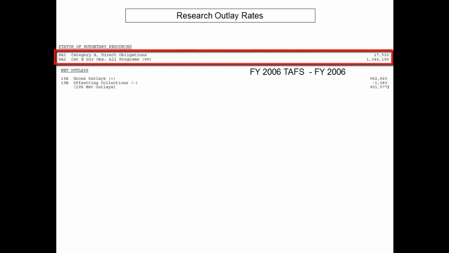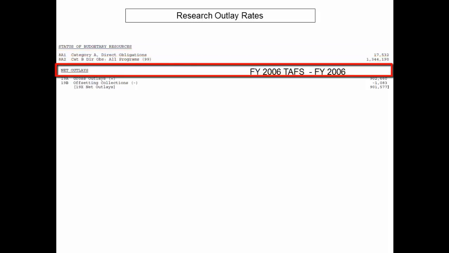Let's start our research back in fiscal year 2006, back when the line numbering was a bit different, though still easily identifiable. We see that total FY 2006 obligations on lines 8A1 and 8A2 total $1,361.7 million, the sum of both Category A and Category B obligations.